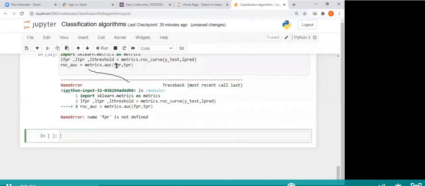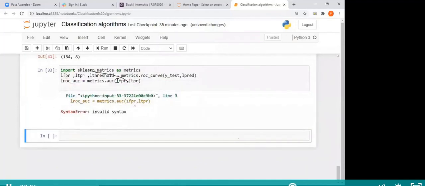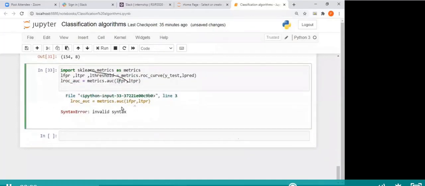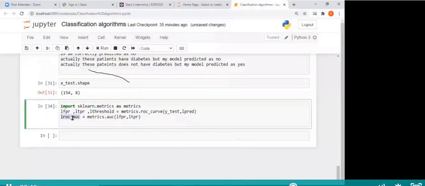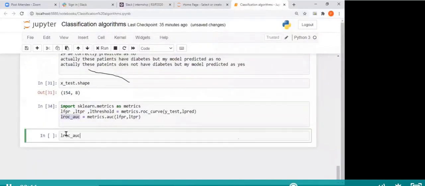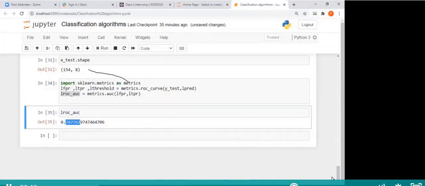LFPR, LTPR, sorry. LFPR, LTPR, L_ROC_AUC curve. Now, if you see this LROC AUC, you got something like 74.